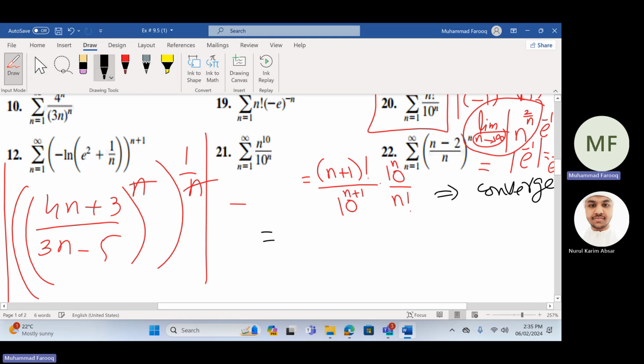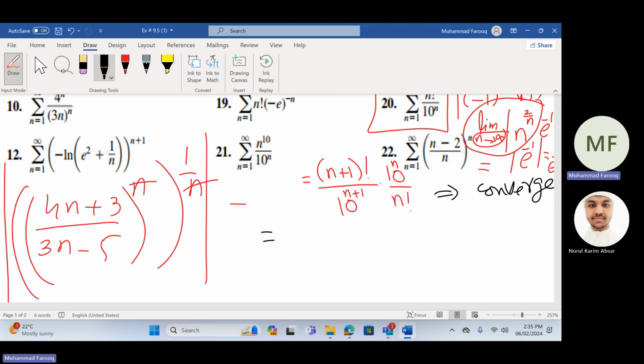Please. Okay. This is n plus 1 factorial. This is n factorial. So who will cancel? This one. n plus 1 factorial, take it back. So after n plus 1, what is next? n. Yes, one step back.